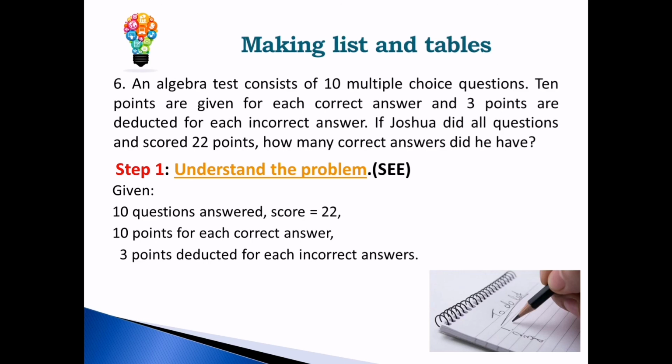So here, what is required? Of course, the number of correct answers. If we're able to know the number of correct answers, we can also solve the number of incorrect answers for us to have a score of 22.